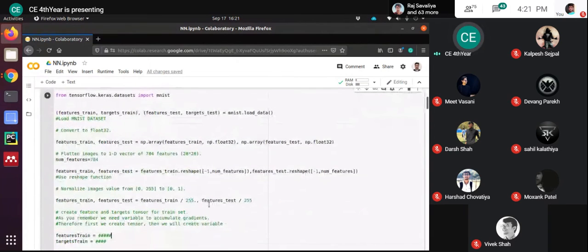Right? Next, these features are just in a NumPy array. You need to convert it into a tensor.